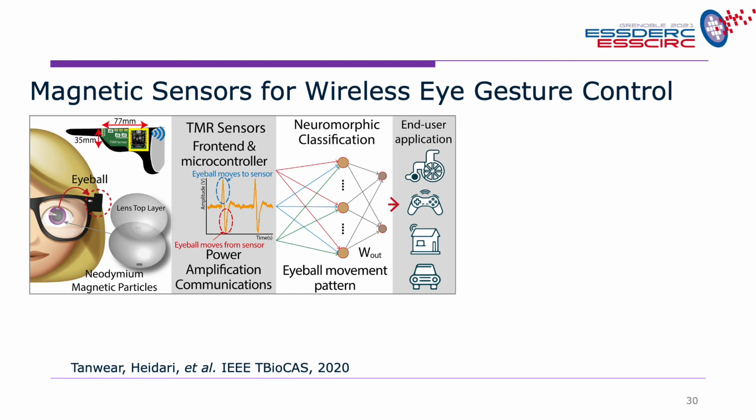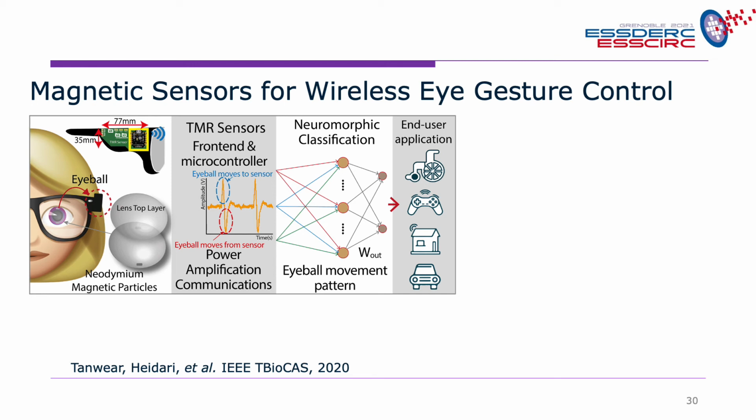In addition to magnetomyography, another application that can be considered for magnetic sensors based on tunneling magnetoresistors is wireless eye gesture control. In this work, we embedded magnets into a contact lens and used the magnetic sensors in a wearable eyeglasses frame.